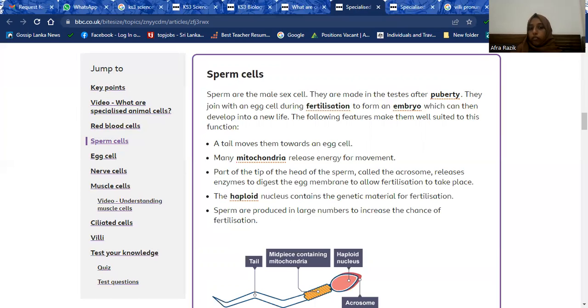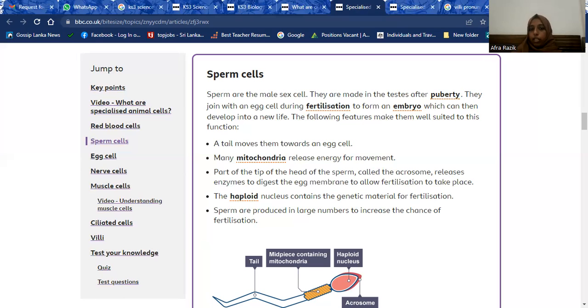They join with an egg cell during fertilization. Yes, there's a process called fertilization. After sexual intercourse, when semen is released to the female cervix, many sperms enter the female reproductive system.